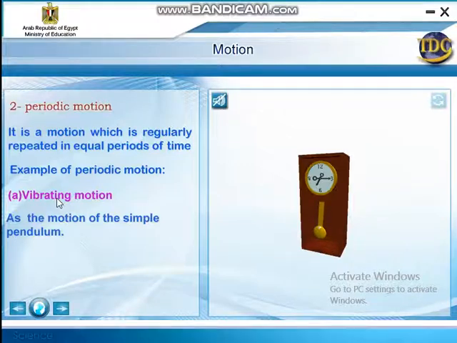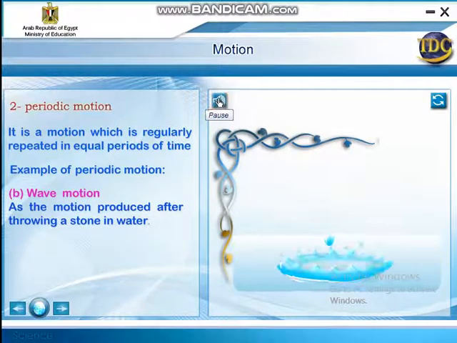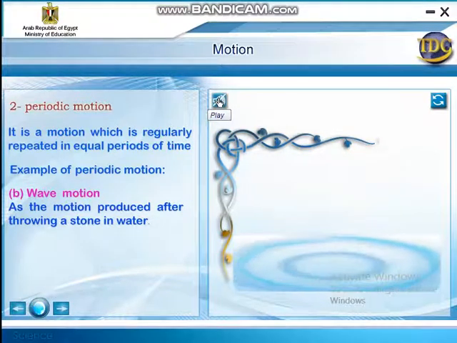Like number 1, vibrating motion, like the simple pendulum. We know the simple pendulum from the first term. It has vibrating motion. Tick tock, tick tock. Number 2, wave motion, as the motion produced after throwing a stone in the water.